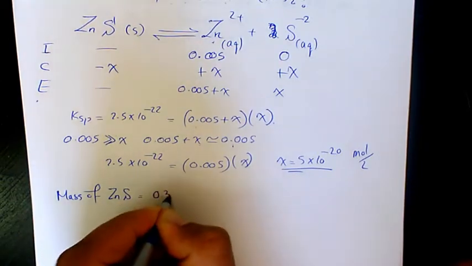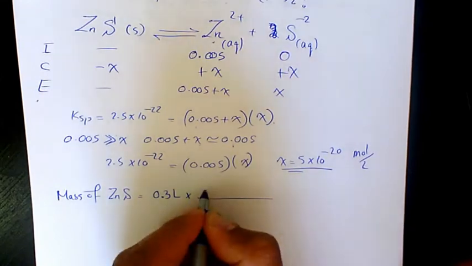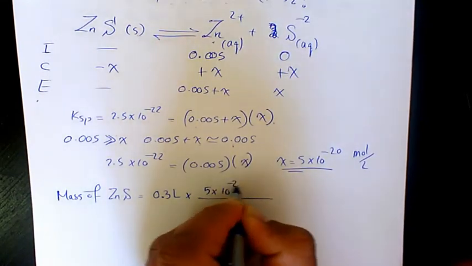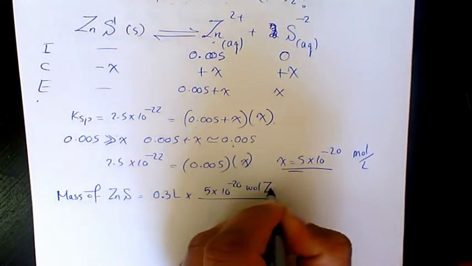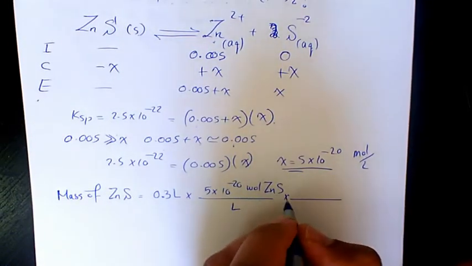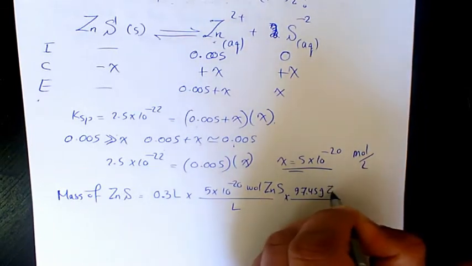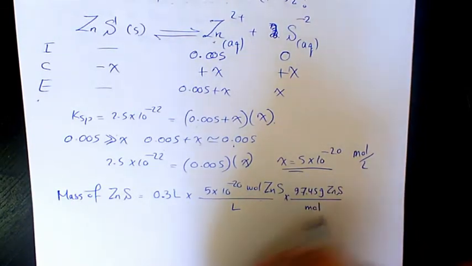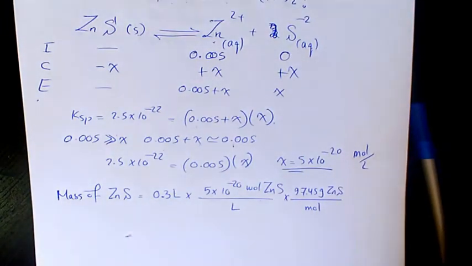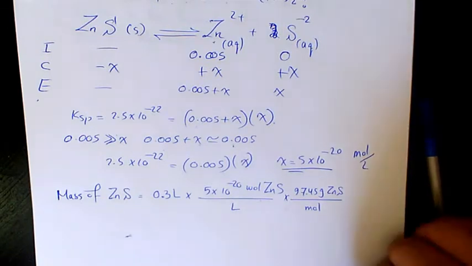We have 0.3 liter or 300 milliliters times 5 times 10 to the power of negative 20 mole ZnS per liter, times the molar mass of ZnS, which is 97.45 grams ZnS per mole, equals 0.3 times 5 times 10 to the power of negative 20 times 97.45.